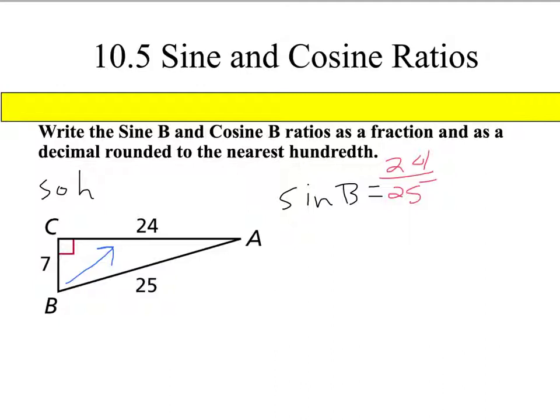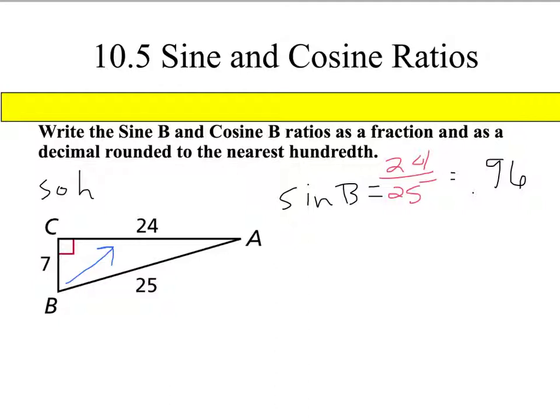When I set that equal, I just take 24 and divide by 25, and to the nearest hundredth I get 0.96. I took opposite over hypotenuse.